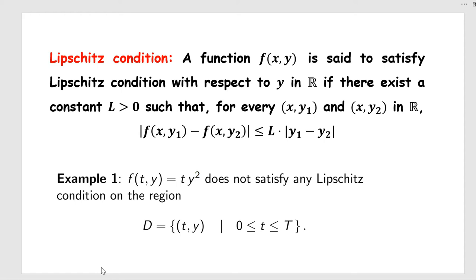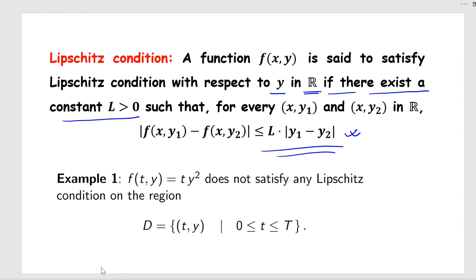A function is said to satisfy the Lipschitz condition with respect to y in the real line over the domain if there exists a constant L greater than 0 such that it will satisfy this inequality.